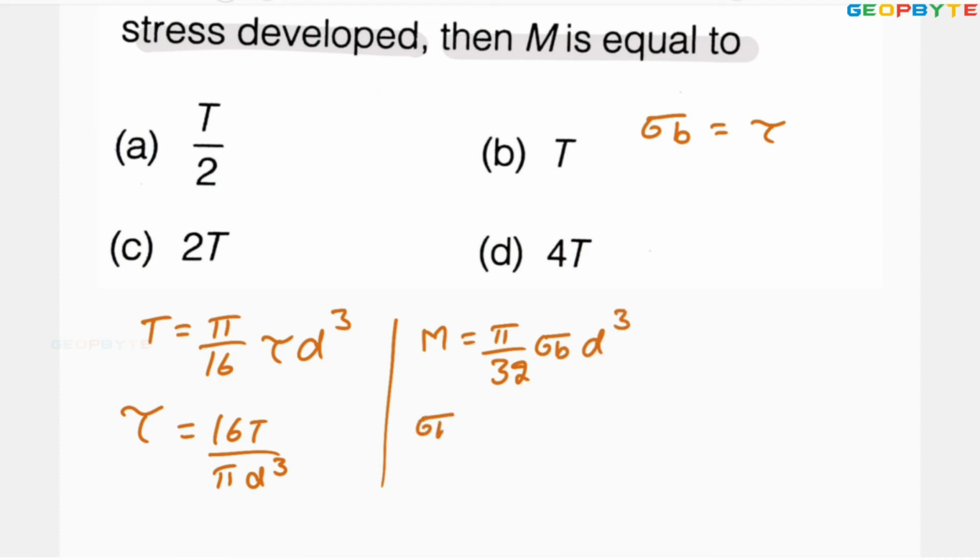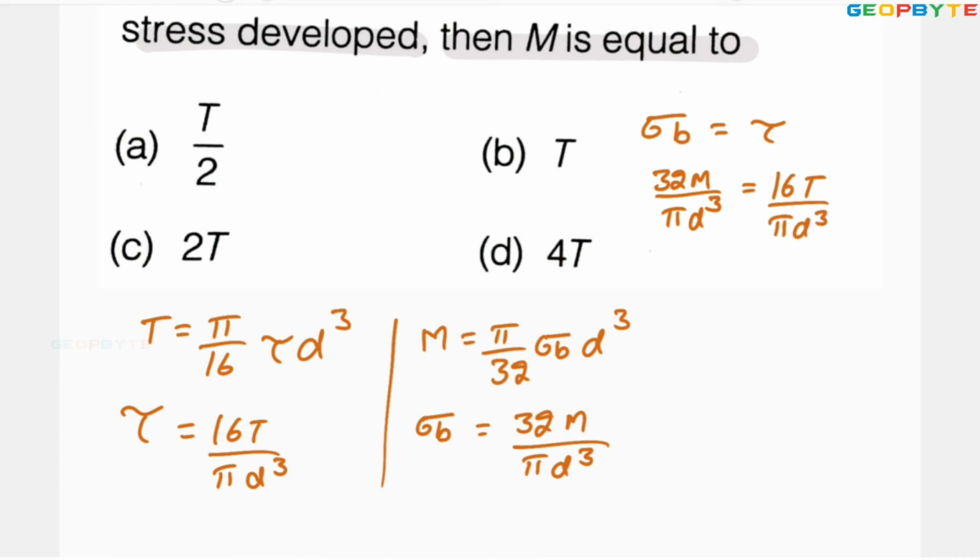From this, the bending stress sigma b equals 32M by pi d cube. So bending stress 32M by pi d cube is equal to shear stress 16T by pi d cube, because both are given equal.